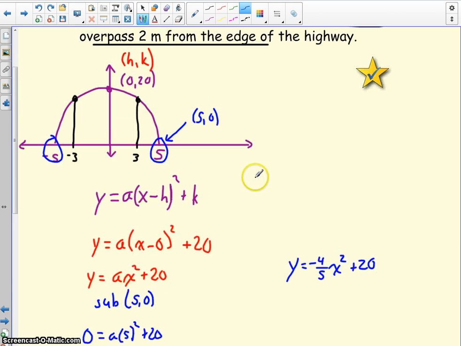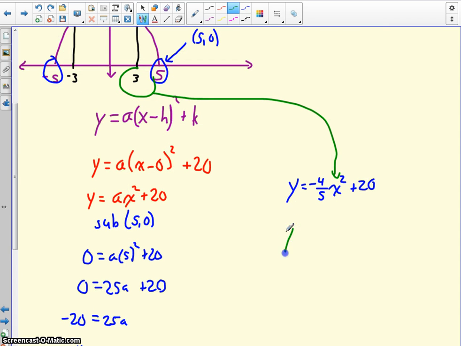So remember, what I was looking for was the height 2 meters from the edge, so I can either sub in x equals 3 or x equals negative 3. Again, the positive one's going to be easier. So I'm going to sub that in here for x, and that should give you my height. So I get negative 4 over 5, 3 squared, which is 9, plus 20. Okay, and I run all that through my calculator.